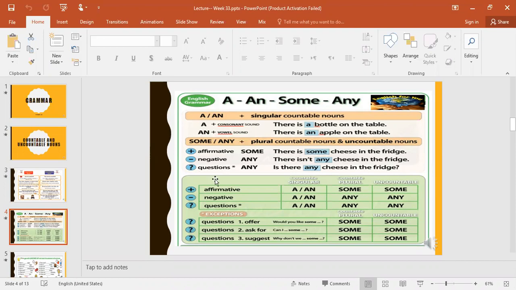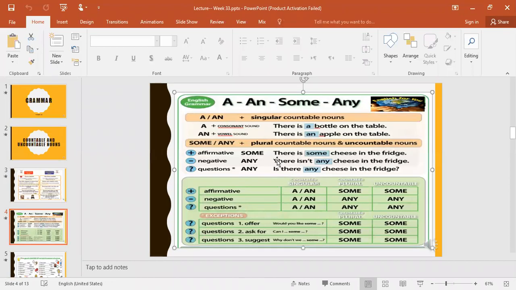So other than that, we talked about some and any, which are very important, especially when we're talking about affirmative, negative, and interrogative. We said that some is used with the affirmative form, while any is used with the negative and the question form.